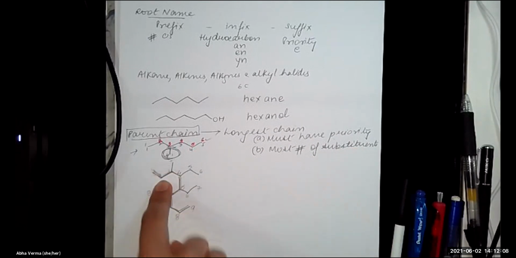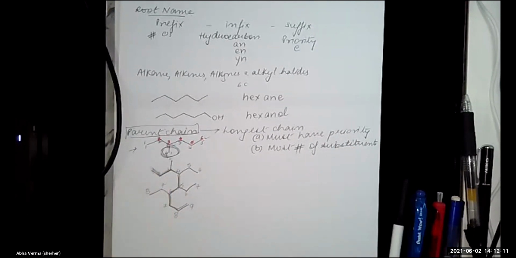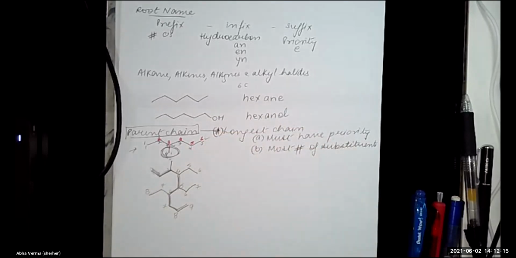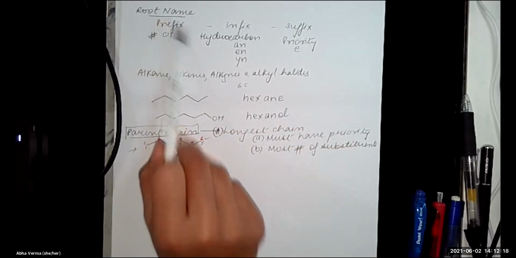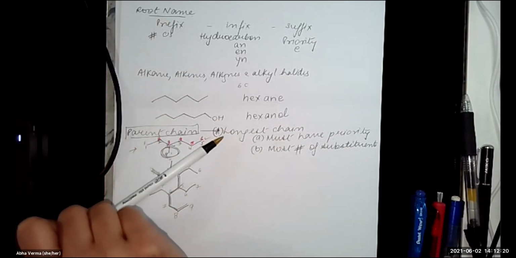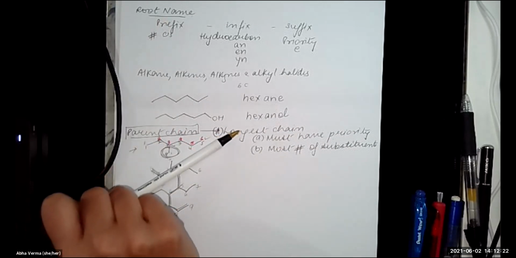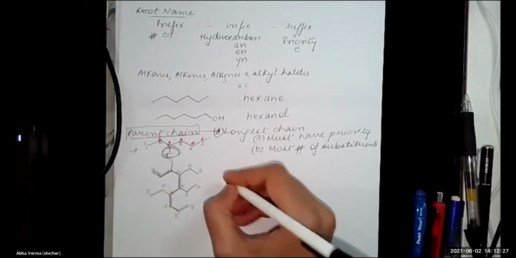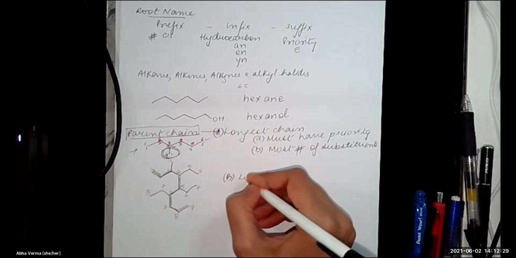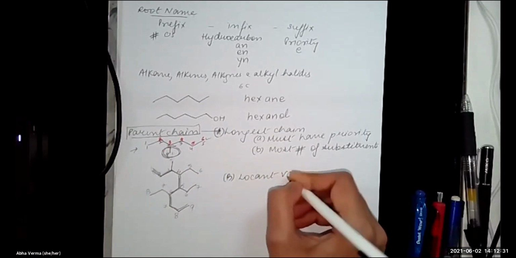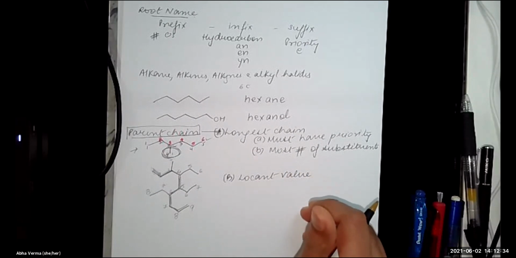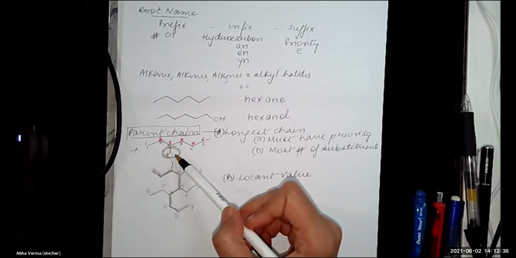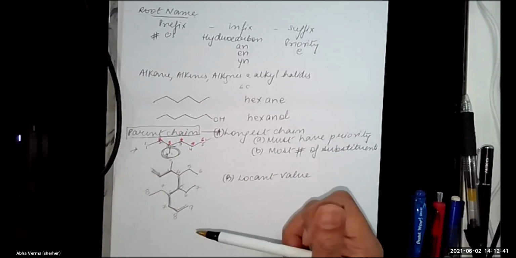Now before we proceed further, let's just look at this. This is our first rule. Root name you have to imbibe, but the longest chain rule is also important. After the longest chain, then you look at locant value. What is the locant value? Locant value just indicates where your side chains or substituents are located.